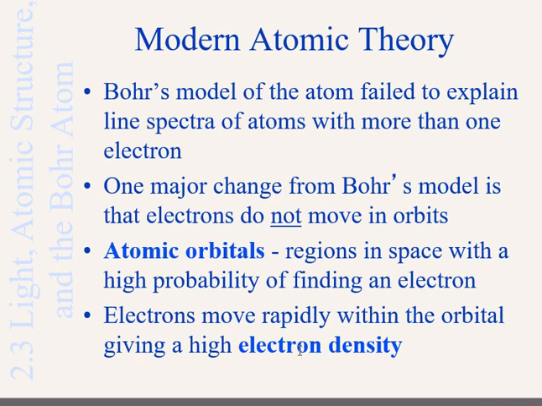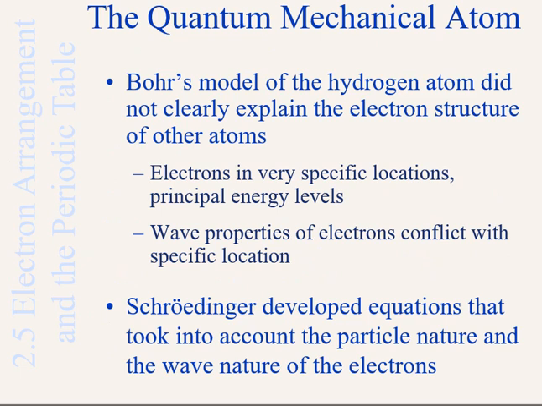Electron density is another way of saying that the location within the atomic orbital where we have a high probability of finding that electron, we say it has high electron density. And within the same atomic orbital, if there is a region where there is low probability of finding an electron, then we say that it has low electron density.